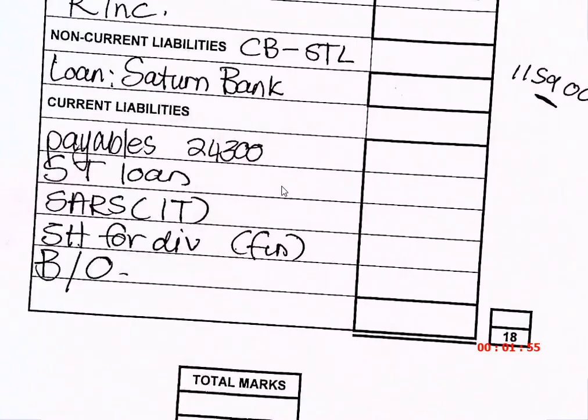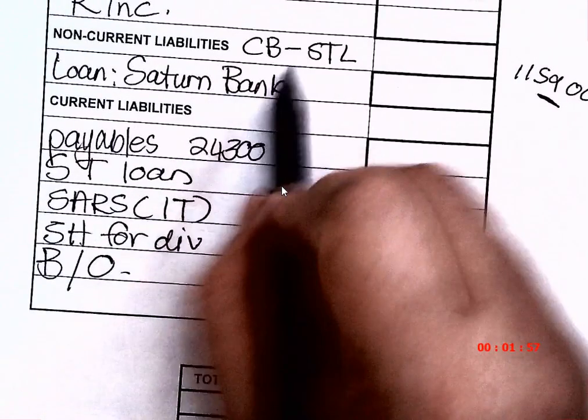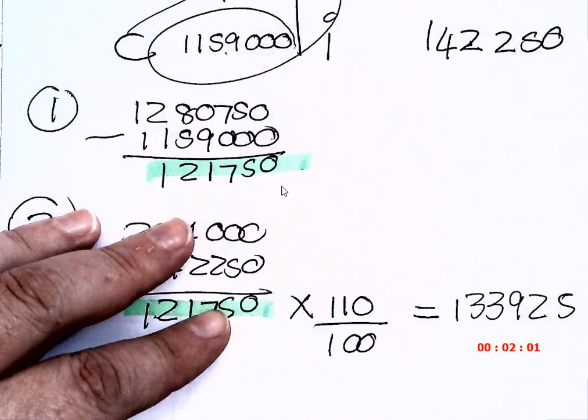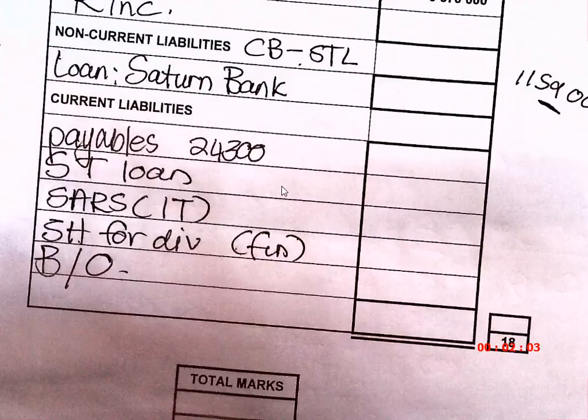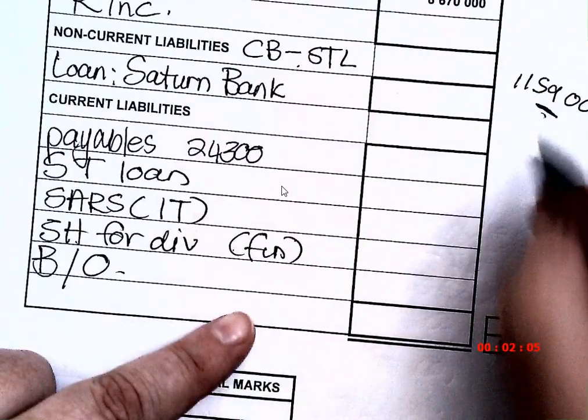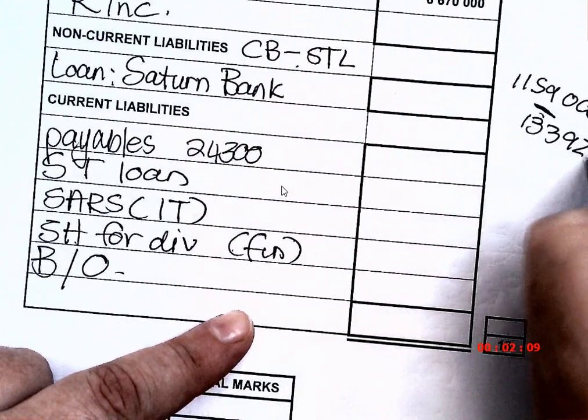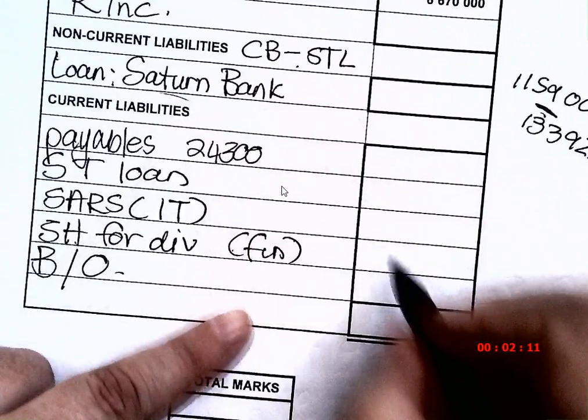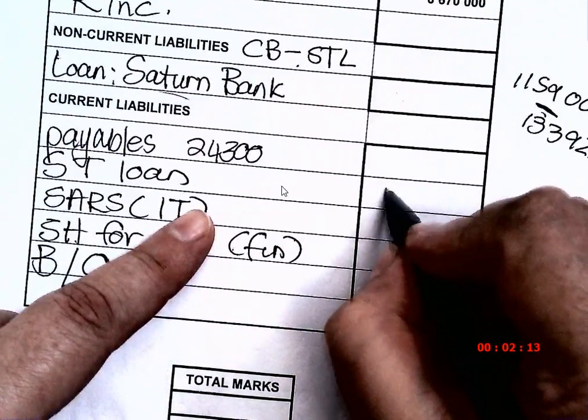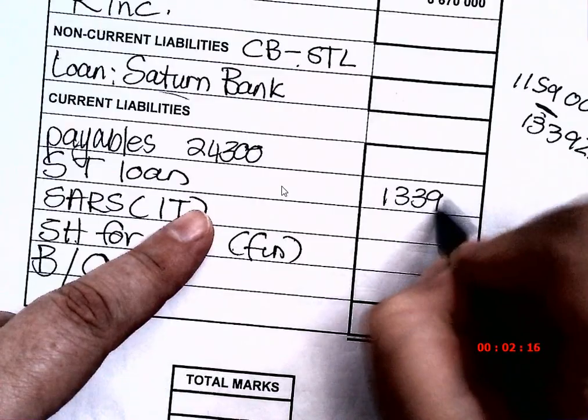Okay, so now if I go here, I want to take the closing balance, which is the 1159, and I want to subtract the short-term loan, meaning the part I'm going to pay back next year, a payable. So I put that there.